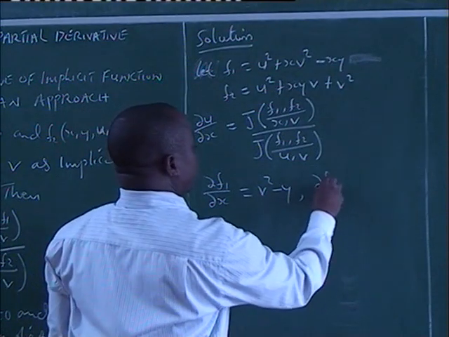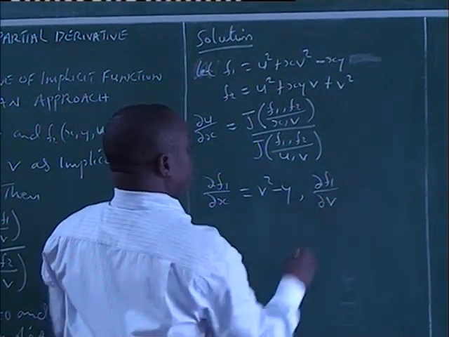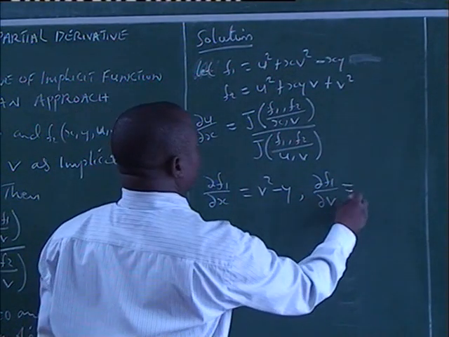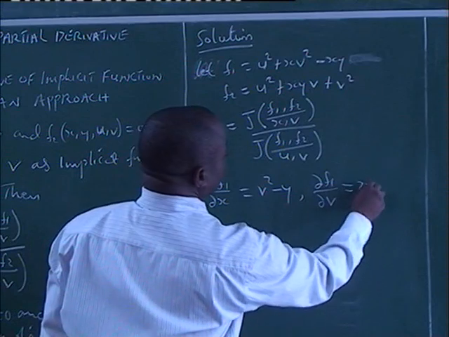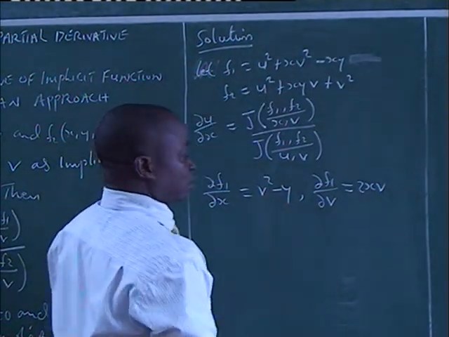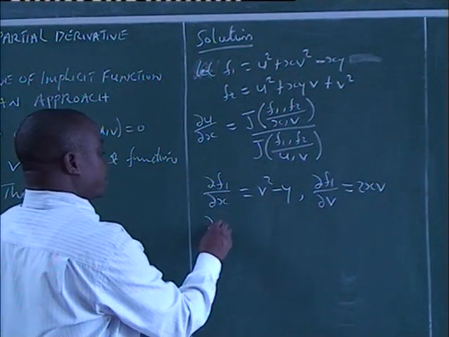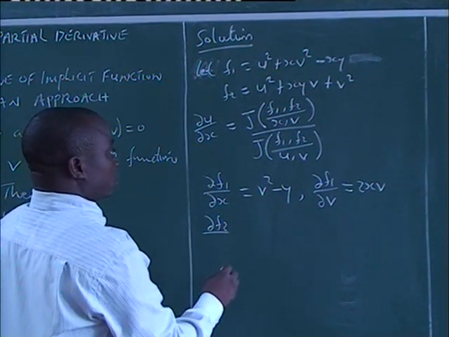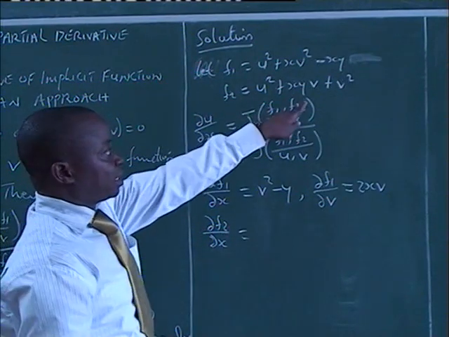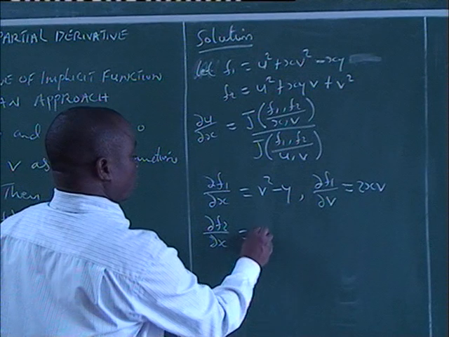So partial f1 partial v, because we are doing with respect to x and v, will be equal to 2xv. Now partial f2 partial x will give us yv.